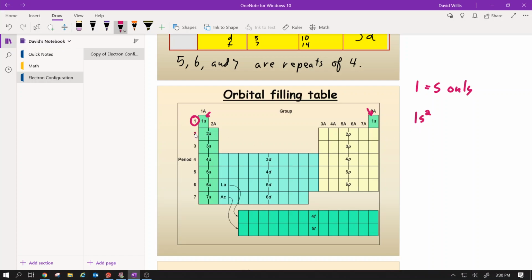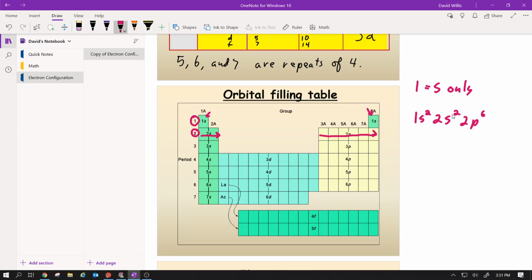Now, the next one, level 2, has an S and a P. So we will fill first the 2s level, which can hold 2, and then we will fill the 2p level, which can hold 6.